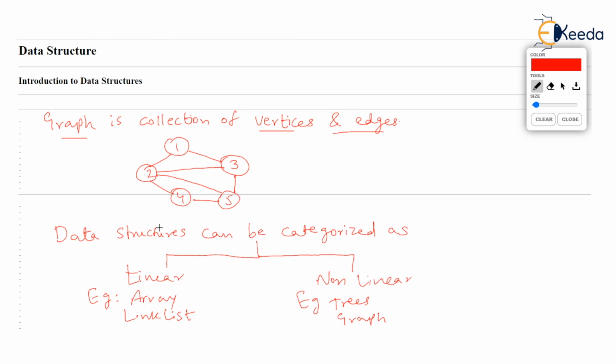In general, data structures can be categorized as linear and non-linear. Examples of linear are array and linked list, as they store data linearly one after the other. Whereas non-linear examples are trees, like multi-way trees and binary trees, and graphs, because they store data in a non-linear or non-sequential manner.